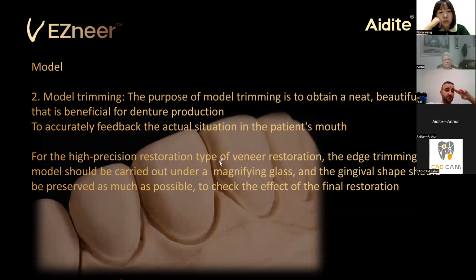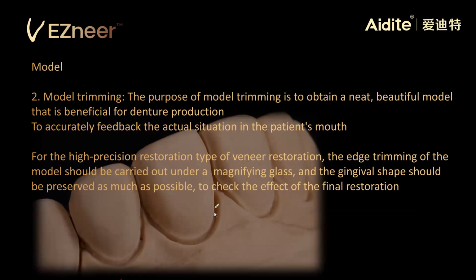Okay. And next, if we use the impression to get the teeth model, the next part is that we need to trim the models. This part is different with no more crowns.